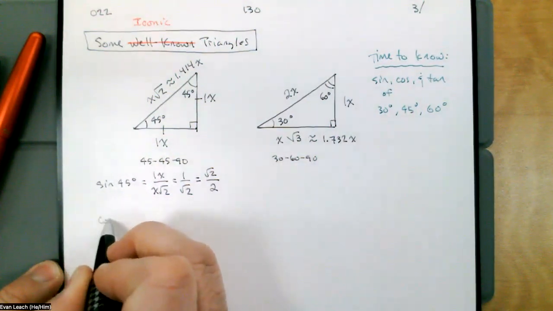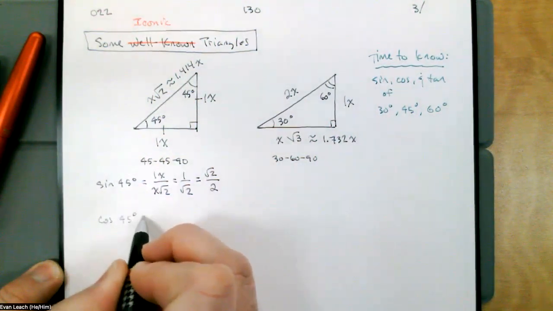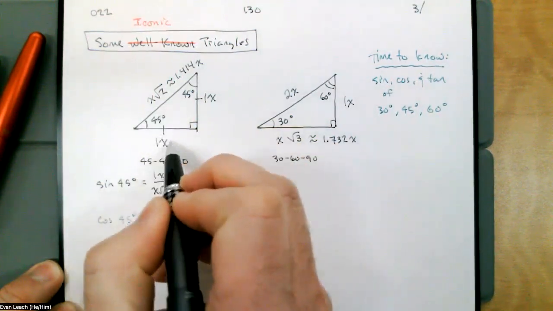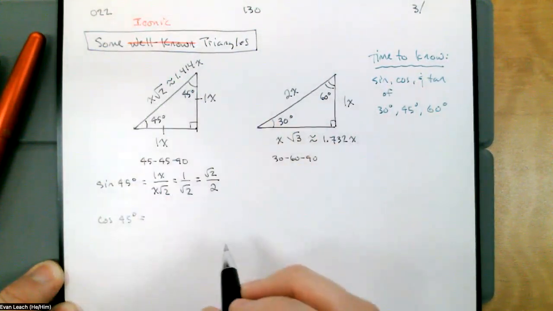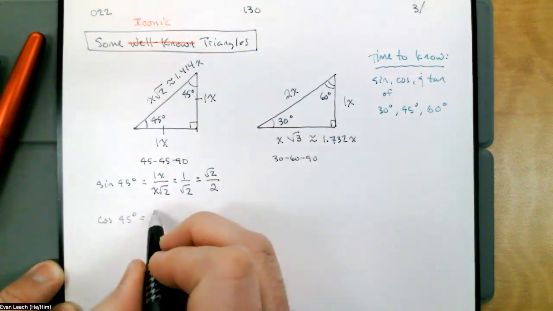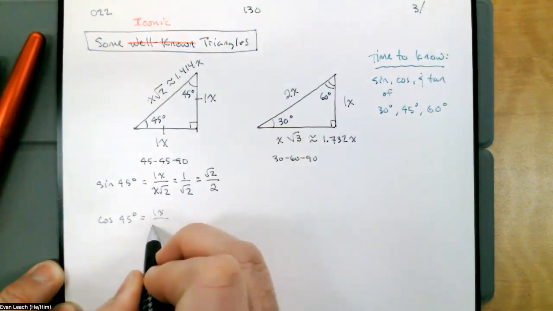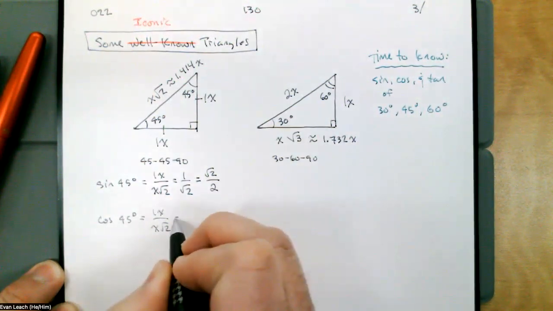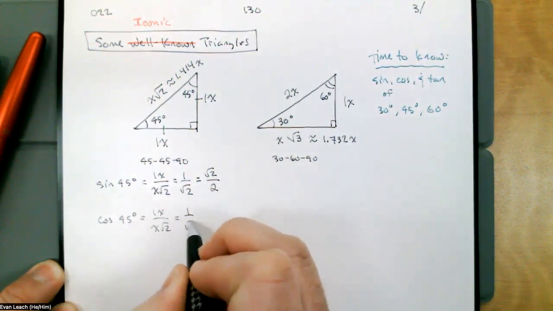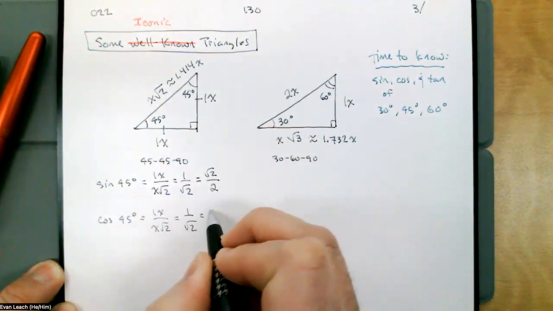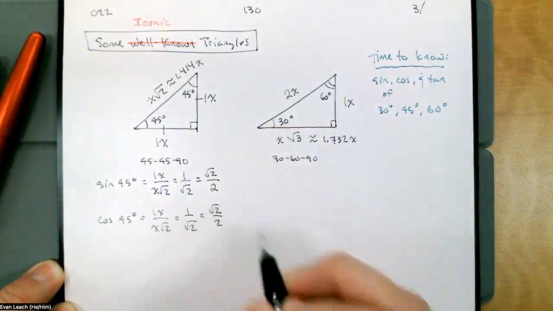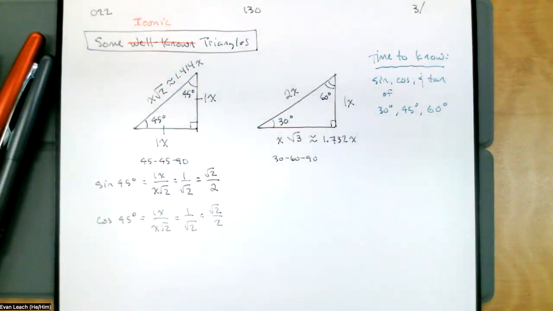The cosine of 45, if I look at this 45, adjacent is 1, hypotenuse is root 2. So I'll have 1x over x root 2. Cosine of 45 is also 1 over root 2. That makes sense. Cofunctions of complementary angles will be equal.